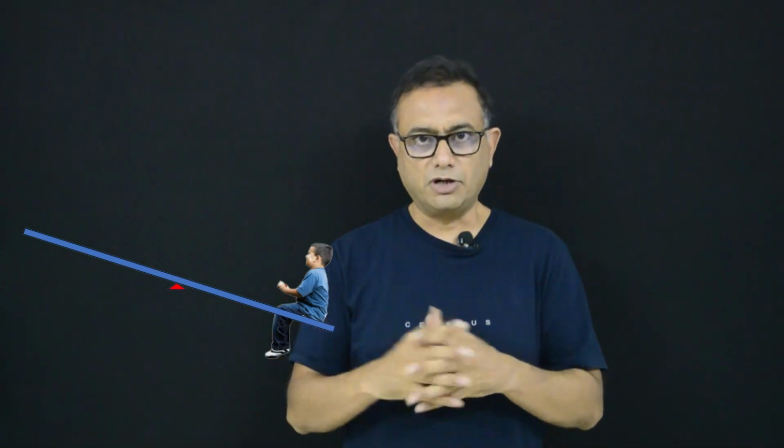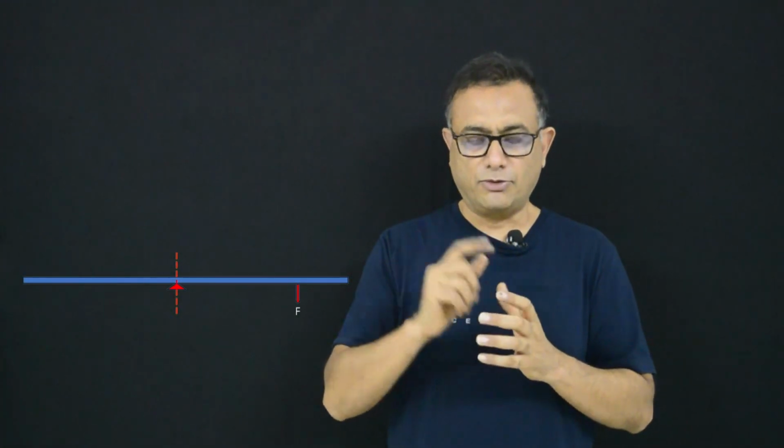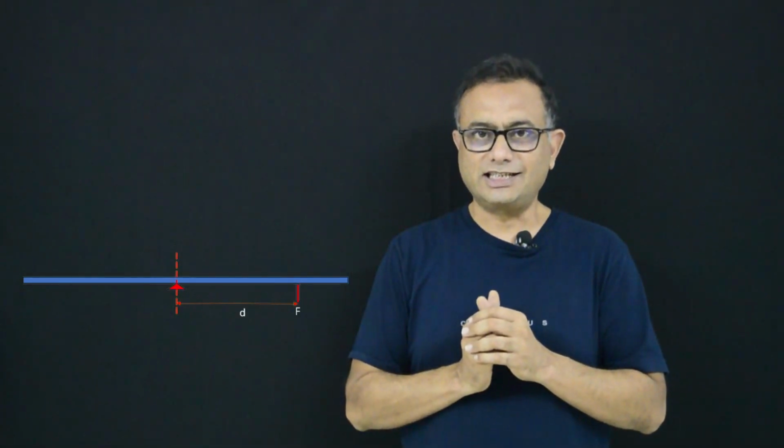What do you think will happen? Obviously the seesaw will tilt towards the direction where the boy is sitting. So this tilting, or the seesaw rotating, is because of the moment of force. There are two things that are important for computing the rotation. One is the weight of the boy, the force that is exerted on the seesaw. Point number two is the distance at which this person is sitting from the pivot.